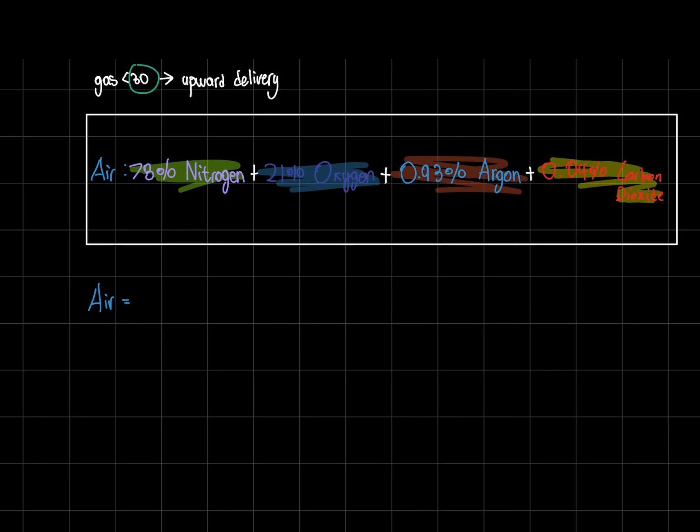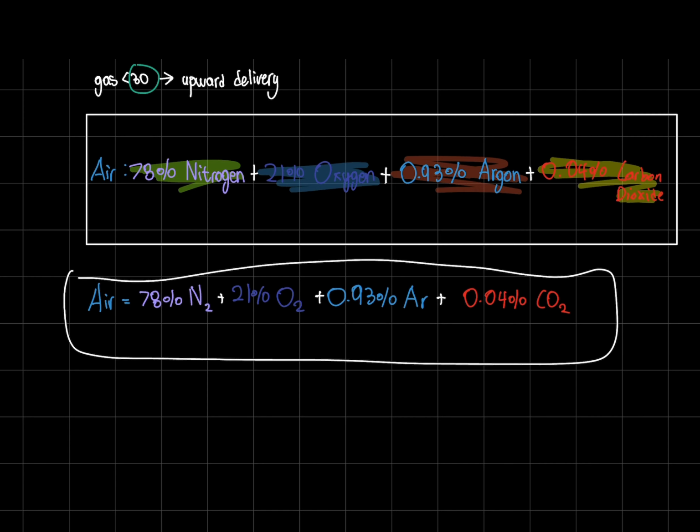So air would be made up of 78% N2 plus 21% O2 plus 0.93% argon, so Ar, plus 0.04% CO2, right? So that is the more chemistry-looking formula.